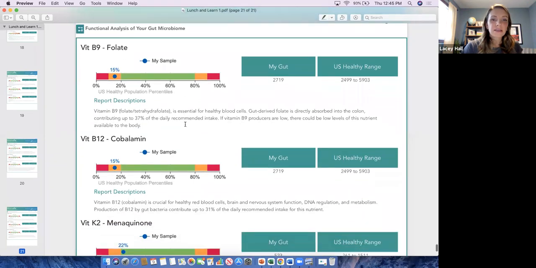So for both of these, you actually have the benefit of absorbing potentially 37% of your daily needs through the gut lining. And then for B12, 31%. So being on the lower end, if she's not taking anything that would contain these nutrients, she could be at risk for deficiency. Now, if you take a folate or B12 supplement, it's never going to reach your gut.